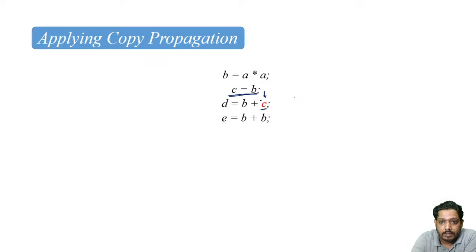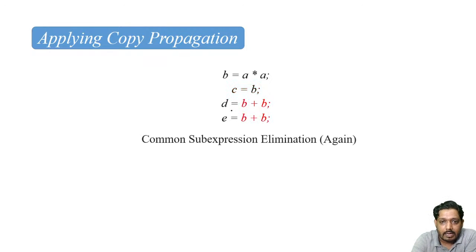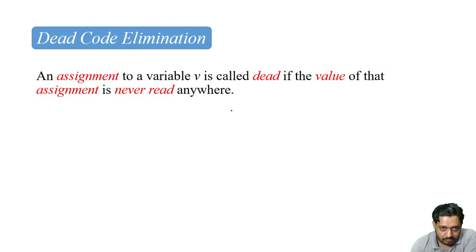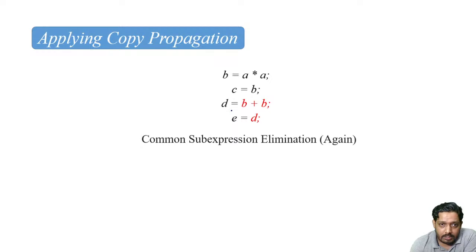So in this case, copy propagation will change this value to B. After that we can again apply common sub-expression elimination, and instead of E is equal to this, I can write E is equal to D. So this is a two-part thing, and both go hand in hand, common sub-expression elimination and copy propagation. Am I clear with this?